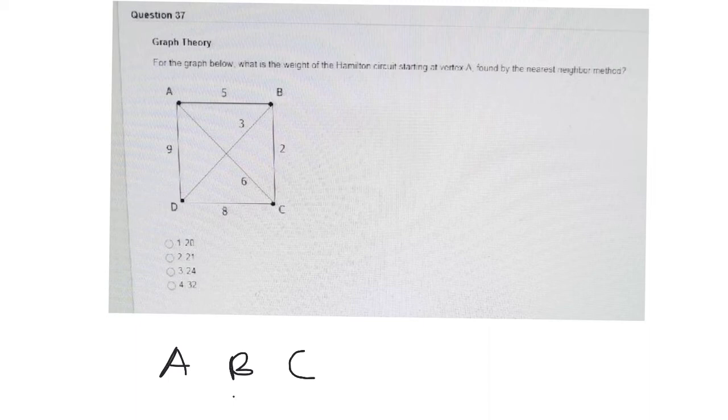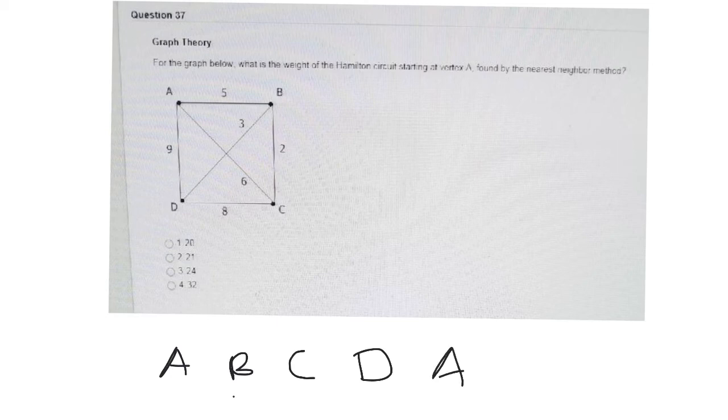From C, we have 3 options. Well, actually, we only have 1 option because we have to hit D, don't we? So from C to D, it's going to be 8 units, which we'll take into account. And then finally, since it's the Hamilton method, we got to hit every point exactly once. We actually just did that, and now we have to go back to where we started, which is A, right?